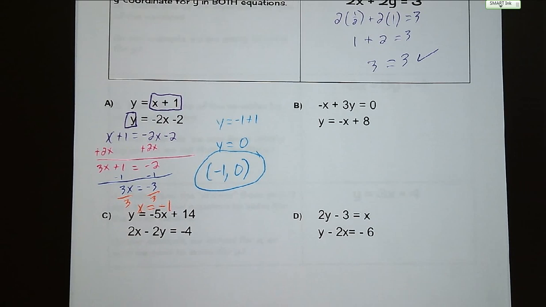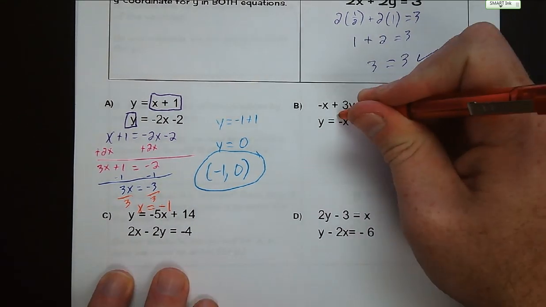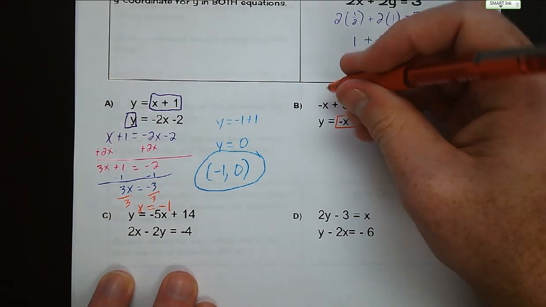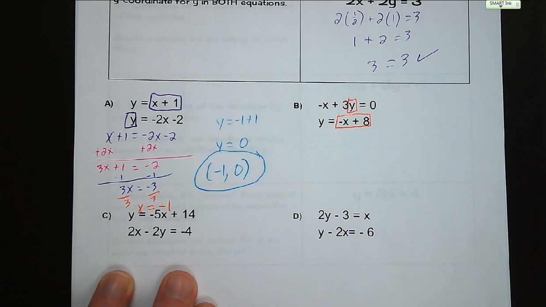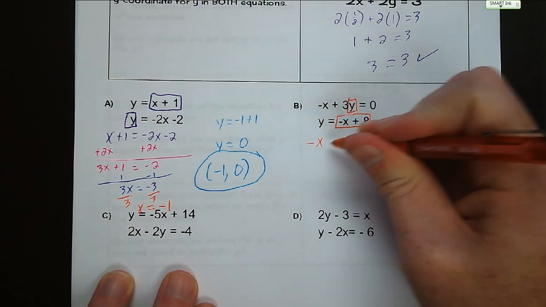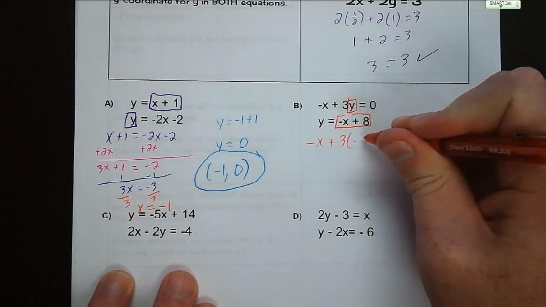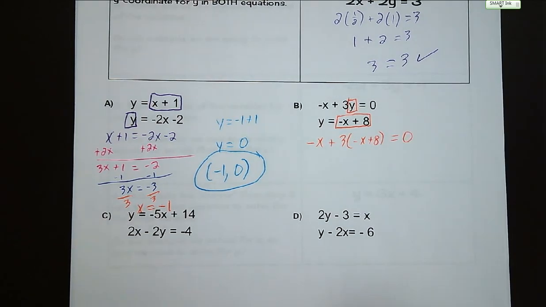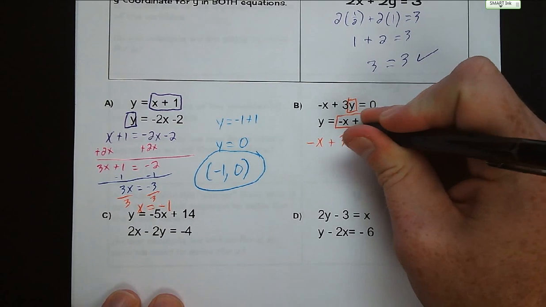All right. Letter B, we've got y equals negative x plus 8 right there, so we can substitute that in for y right there. So we have negative x plus 3 times negative x plus 8 equals 0. All right, now we need to distribute 3 times negative x and 3 times 8.